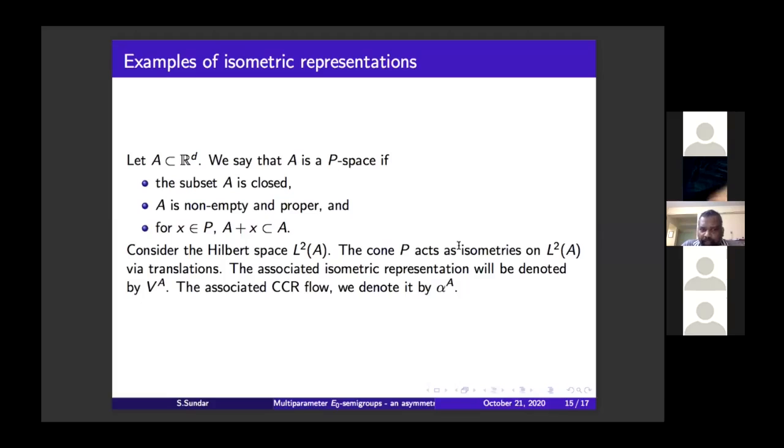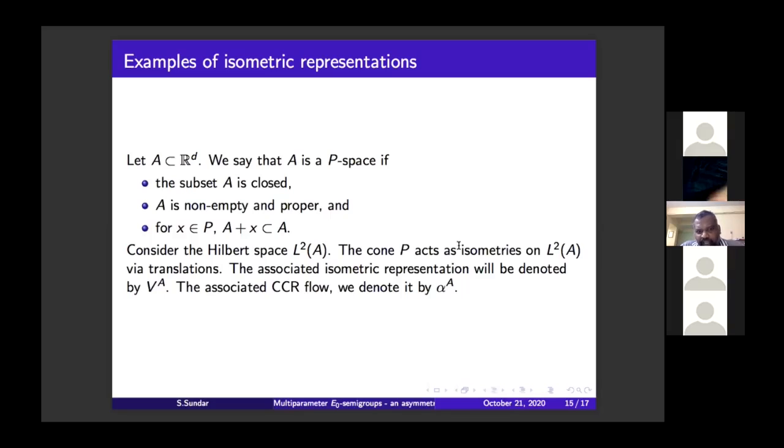Proper means not equal to R^P. So it's a non-empty, proper, closed set, and it is invariant under P. That is, if I take an X in P and translate A by X, you get A again. Actually, it's contained in A, but one can prove easily that A plus X has to be equal to A. So if you translate A by P, you get A.